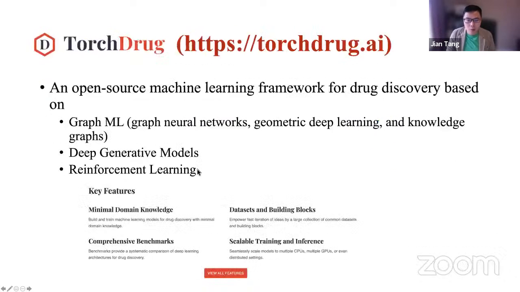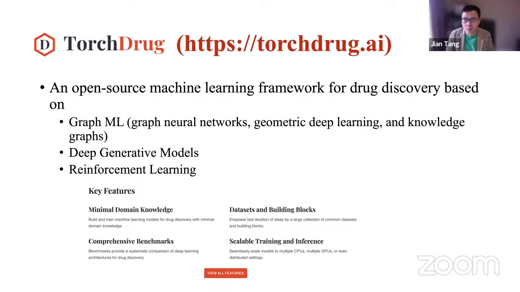Our goal here is to facilitate research in this space by minimizing the domain knowledge people need to have if they want to work on drug discovery.